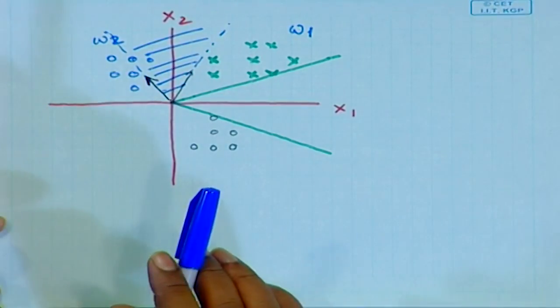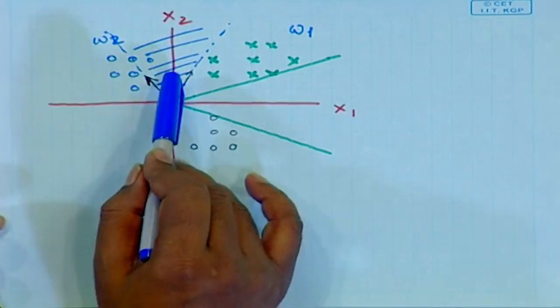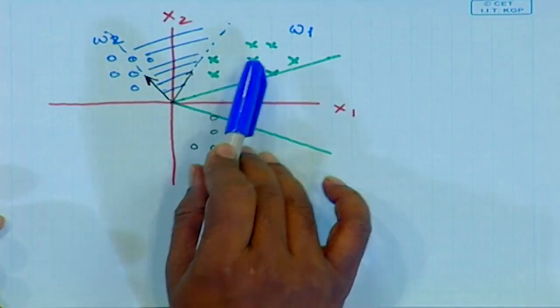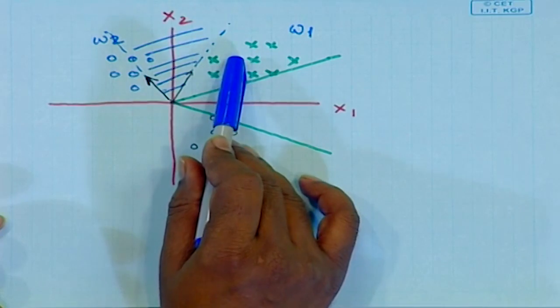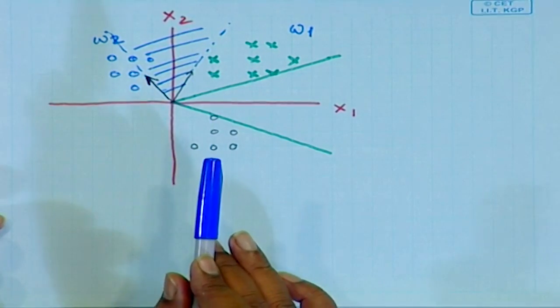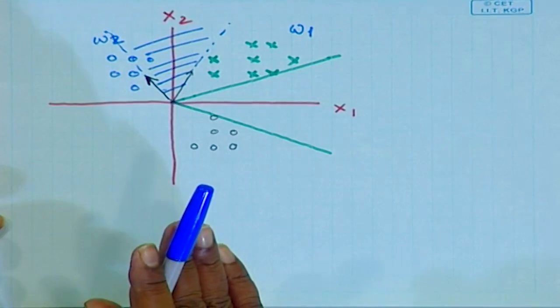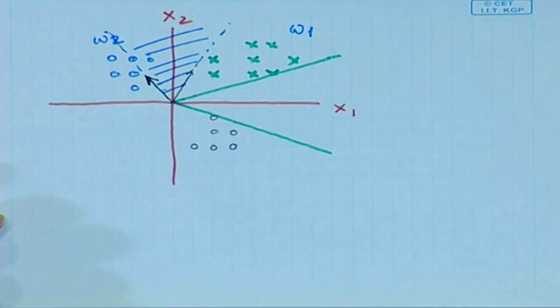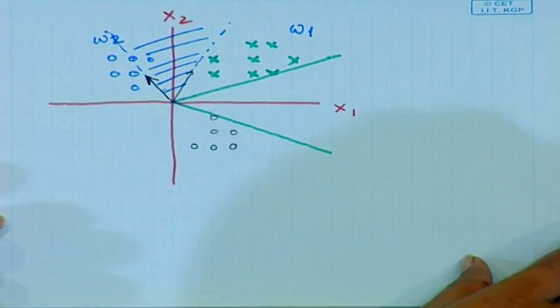Any weight vector within this solution region will classify all the samples in omega 1 and all the samples in omega 2 properly. So, my aim should be that when the algorithm converges, it should give me a weight vector within this solution region, that is within this conical space. Let us see how we really get it.